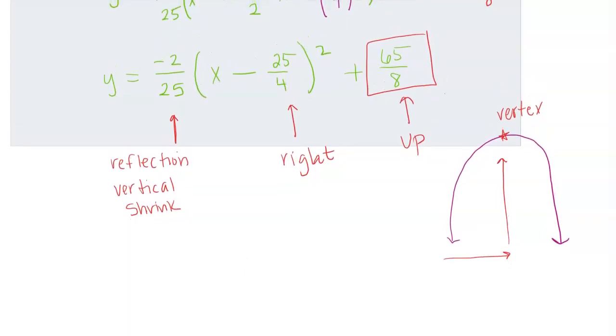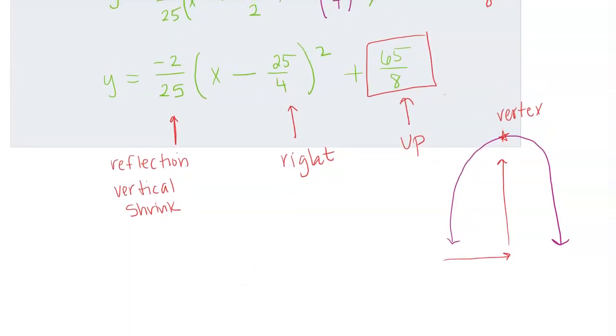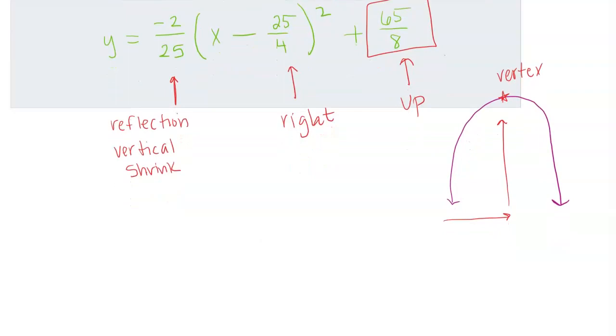We'll talk about in the next video how we use this type of equation to think about the maximum value of a parabola, or the minimum in the reverse. So we think that the maximum height for this will be about 8.125. Are we in? Yeah, we're in feet.